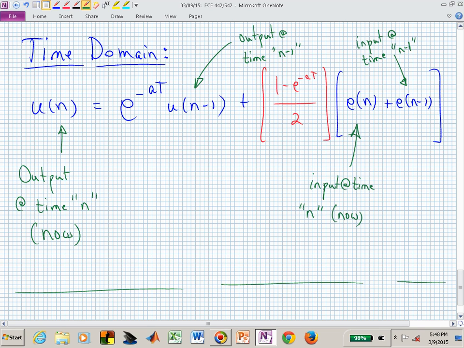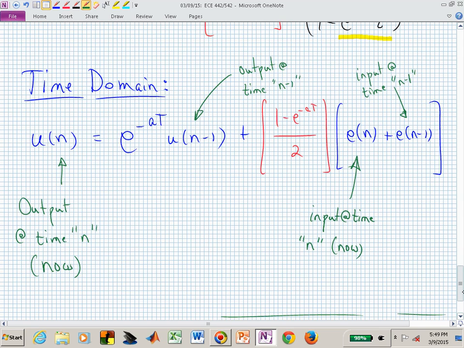Which is really saying this string of numbers, the input string that's coming in, we have to process two of those to generate the next output, which is U, but we are actually generating the now output using the now input. Those are, theoretically, according to this difference equation, at the same time instant. And you may not have that available to you. That's what I'm wanting to try to make clear now.